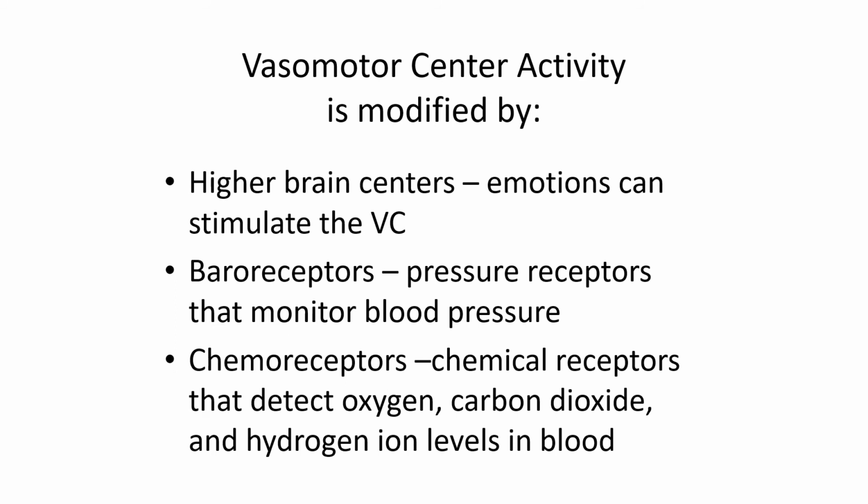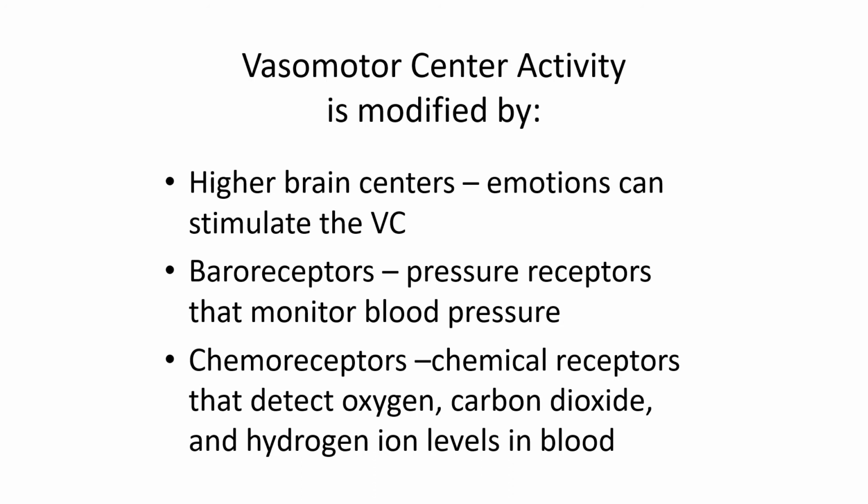Okay, so let's talk about baroreceptors and chemoreceptors for just a moment. We know your brain state of mind can influence the vasomotor center, but a lot of the influence is outside of your control. There are baroreceptors that detect pressure changes in your carotid arteries and your aortic arch, and that information is then fed into your vasomotor center.